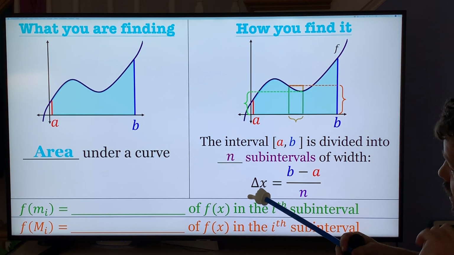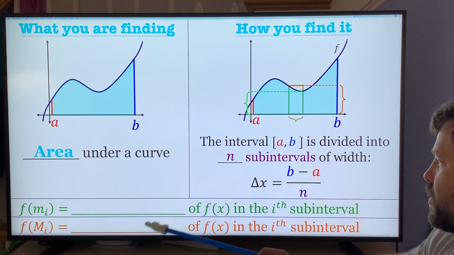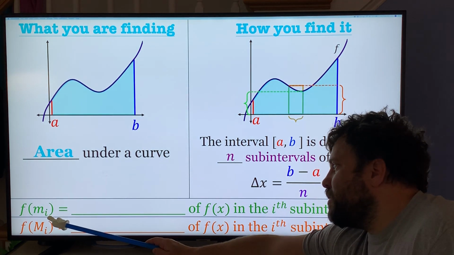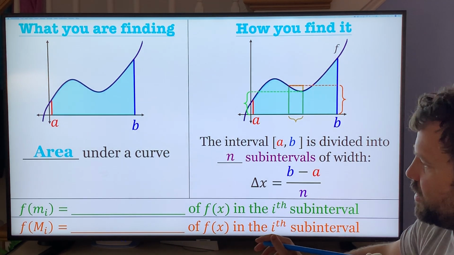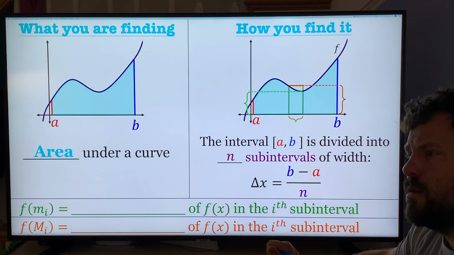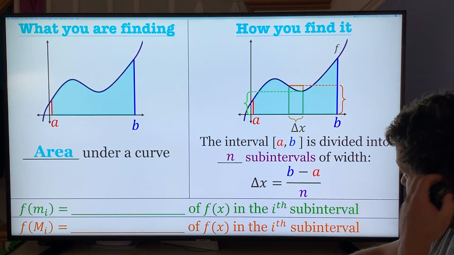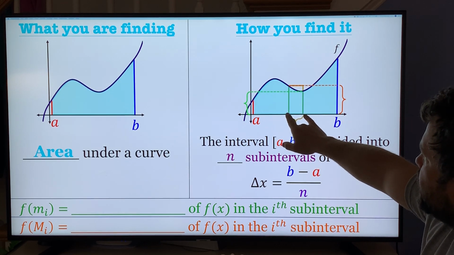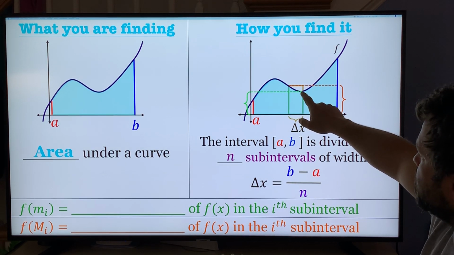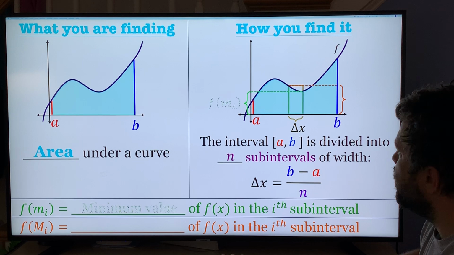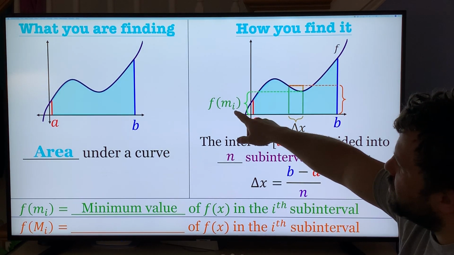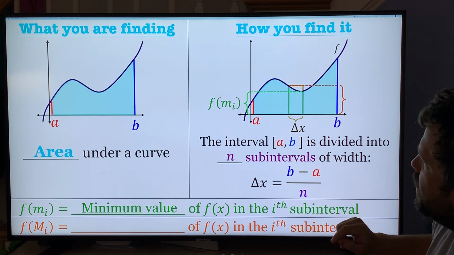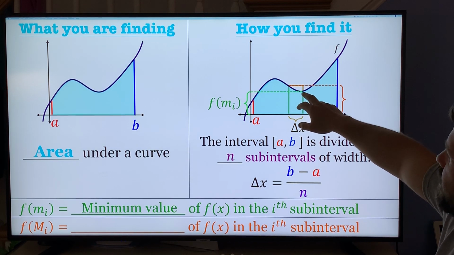Now, we're going to change left and right into two things. One is going to be f of lowercase m, subscript i, all right? Now, your delta X is the width of each rectangle. You have two parts. You can either go low or you can go high. Now, f of lowercase m sub i is the minimum value.